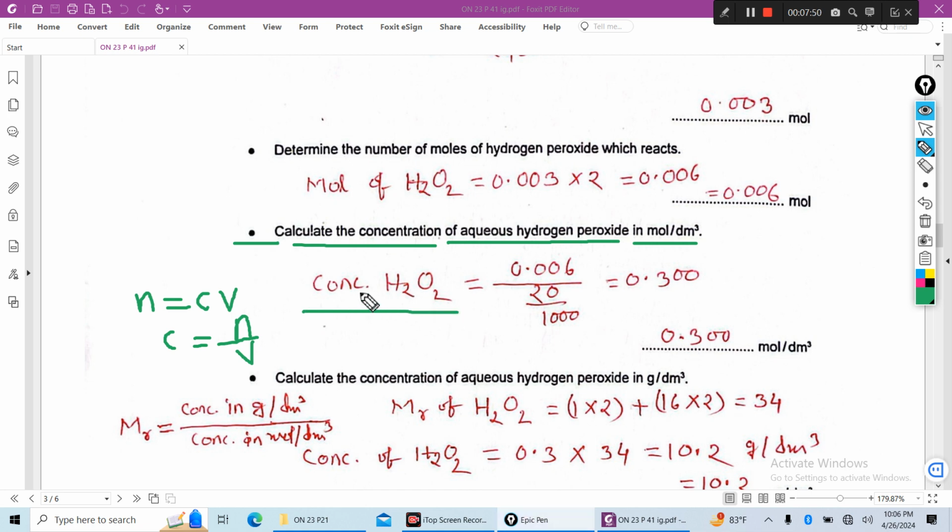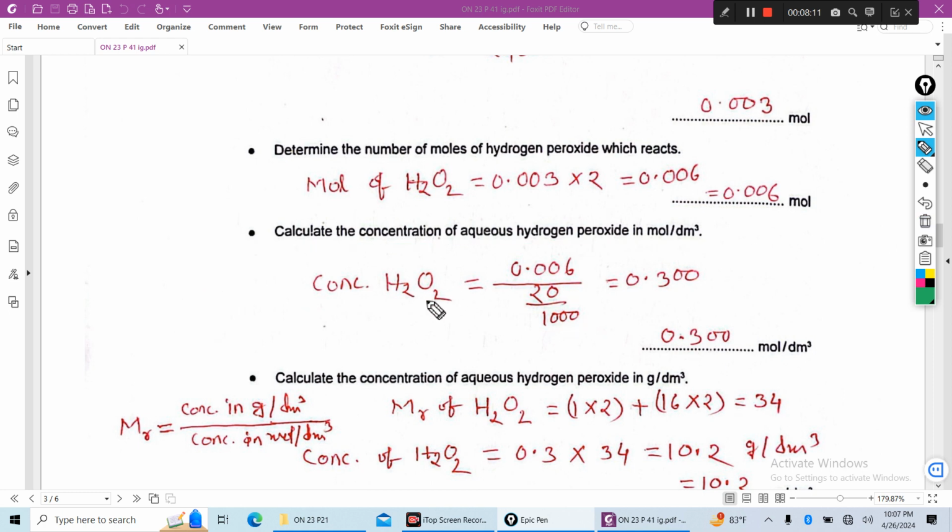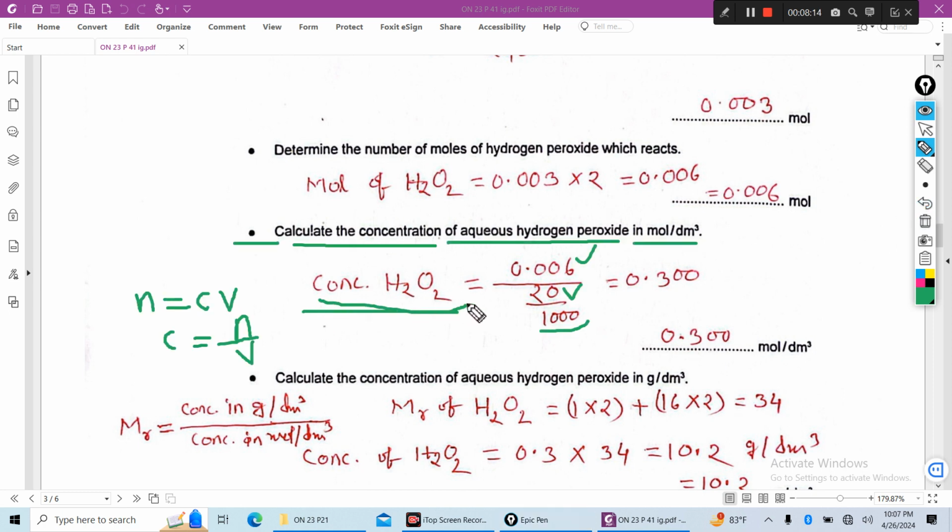Concentration of hydrogen peroxide: number of moles 0.006, volume 20 is given in the question. So V is 20 cm³, so we will convert it to dm³ by dividing by 1000. So concentration of hydrogen peroxide, number of moles divided by volume, is 0.3 mol per dm³. This is the concentration of hydrogen peroxide.